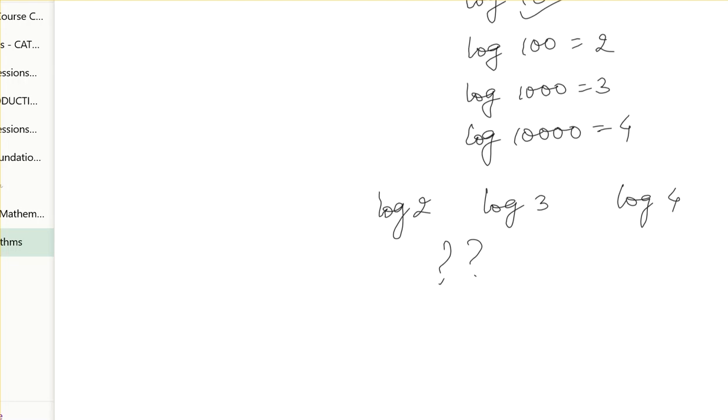But let us keep it simple. I am giving you two values that are also given in your book. Everyone has to remember these two values. Which two values? Let me tell you. Log 2 when the base is 10 is 0.3010 and log 3 is 0.4771.